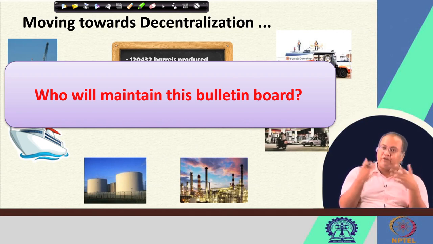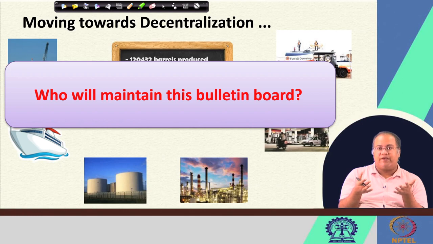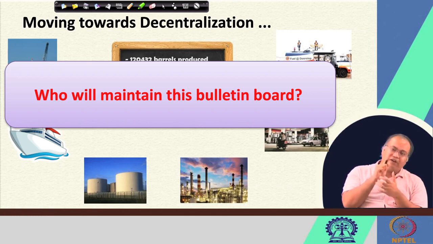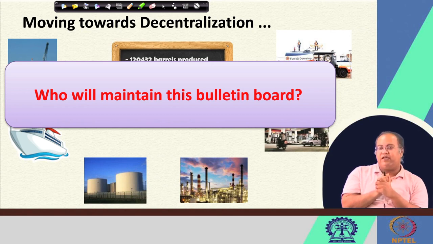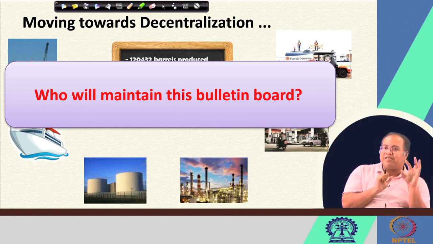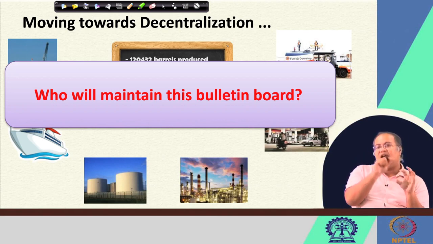A perfectly decentralized system will help me make the system more fail-safe. And then there is another fundamental principle behind that. If you have a central point which is maintaining all the information, then it is easier to attack that central point, because the attackers precisely know where to attack.